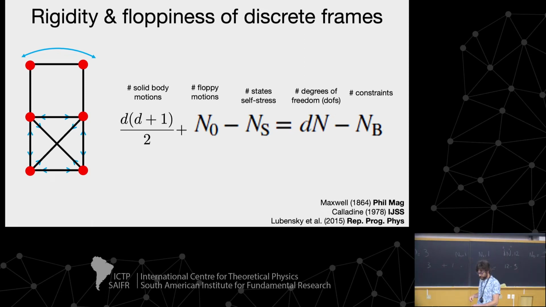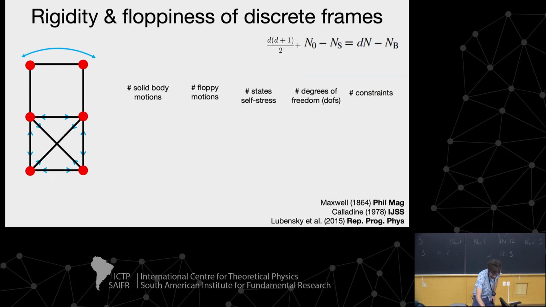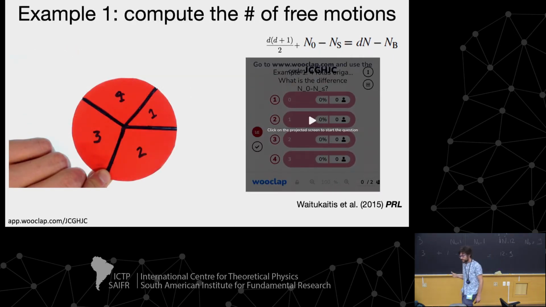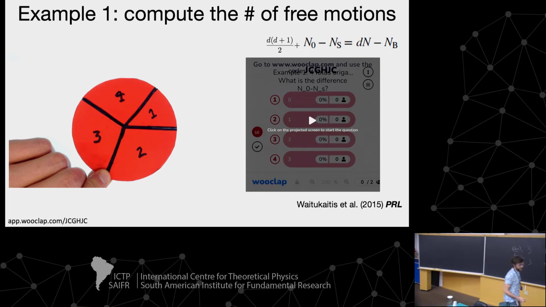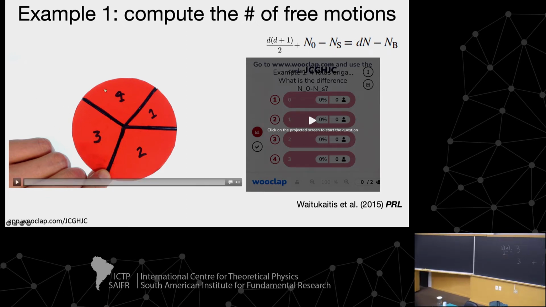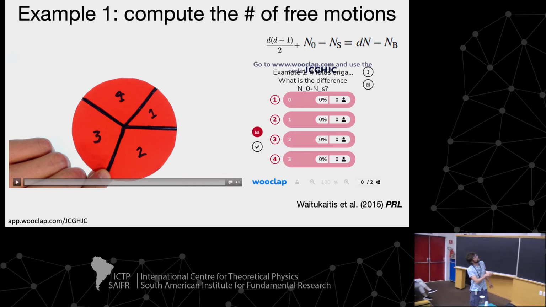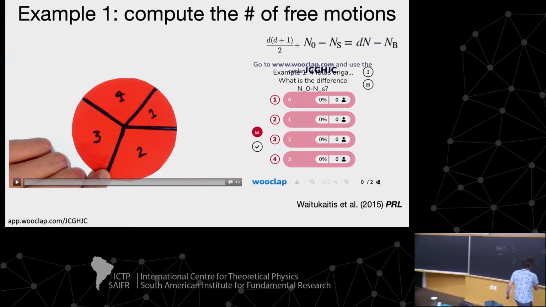So I did my work. Now it's your time to do some work, where we're just going to cover a few examples. For this, I'm going to ask you to pull out your cell phone, your laptop, or your tablet, and go to wooclap.com. Once you're on wooclap.com, you fill in that code. I'm just going to write it here too, so it's easier.